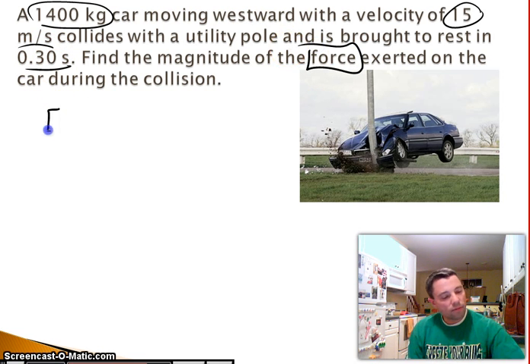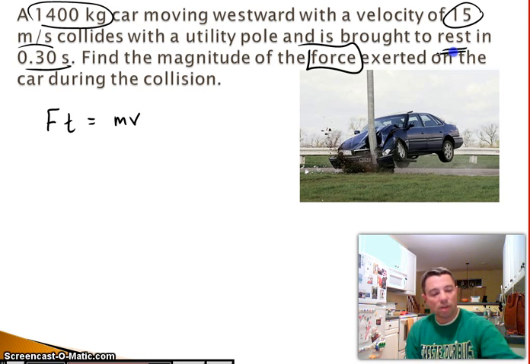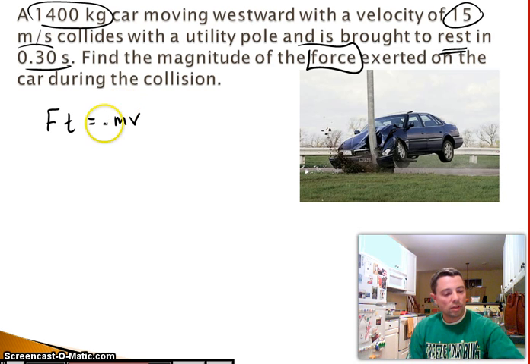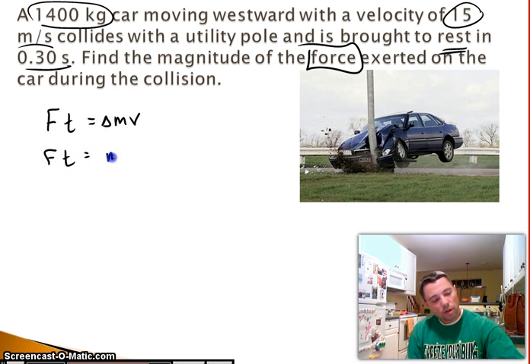So again, force times time, that's our impulse, is equal to the mass times the velocity, or the change in our mass and the change in our velocity. But when it's brought to rest, that means that, I should write this out this way, our force times time is equal to the change in momentum: mass times velocity final minus mass times velocity initial.